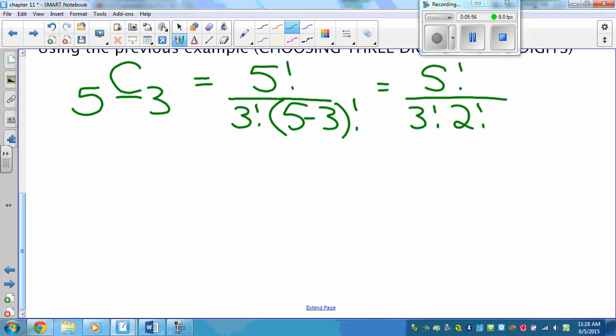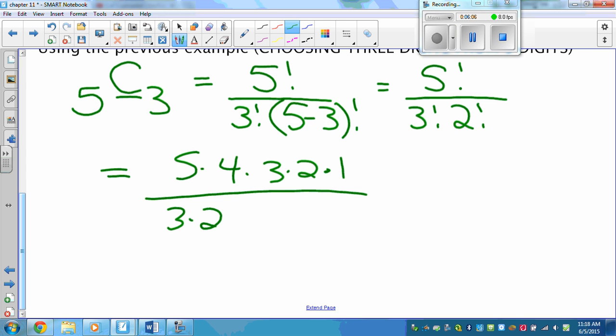Solving, we would get 5 times 4 times 3 times 2 times 1 over 3 times 2 times 1, that's 3 factorial, multiplied by 2 factorial. So the 3, 2, 1 cancel out. I have 20 over 2, which is simply 10. We got the same answer this way.